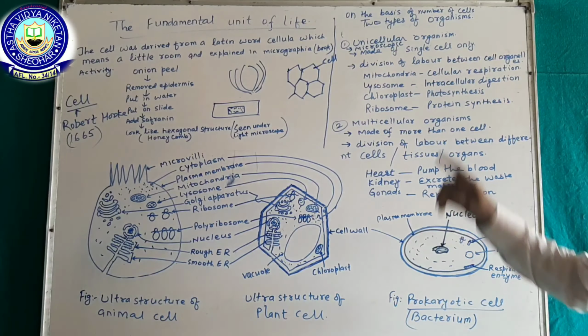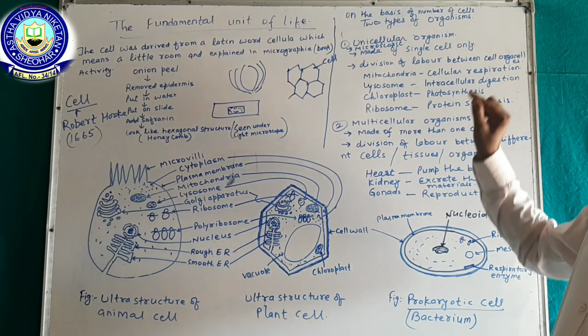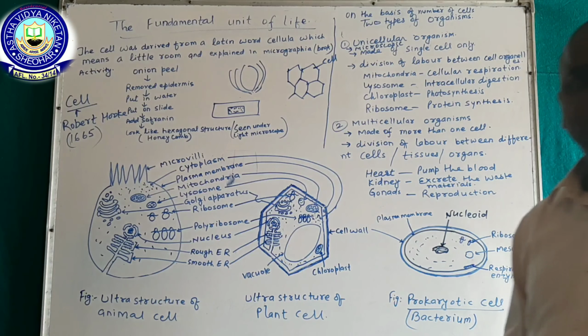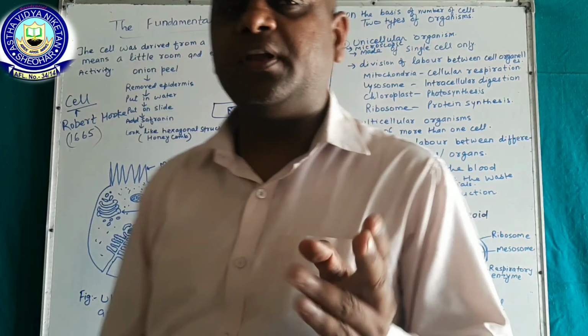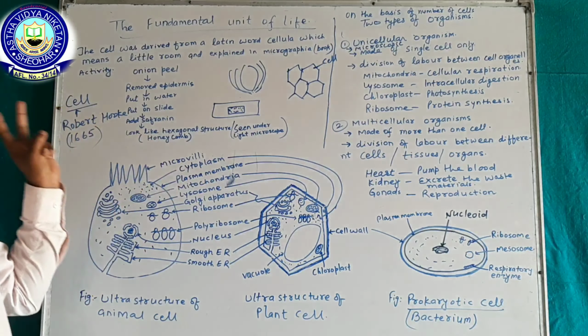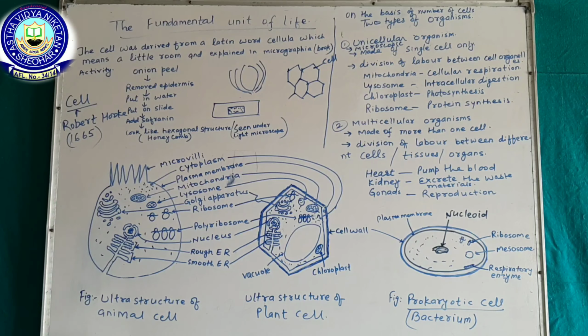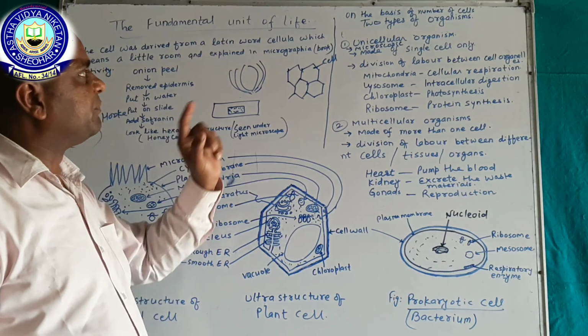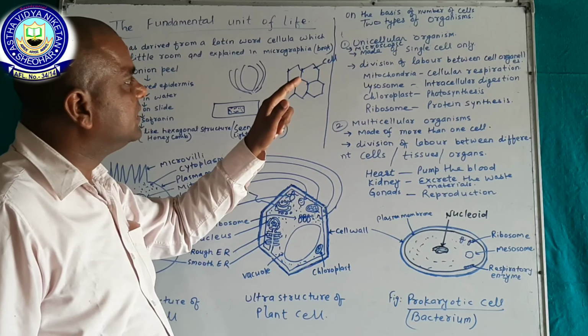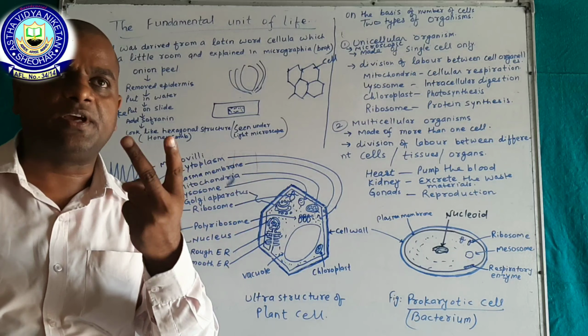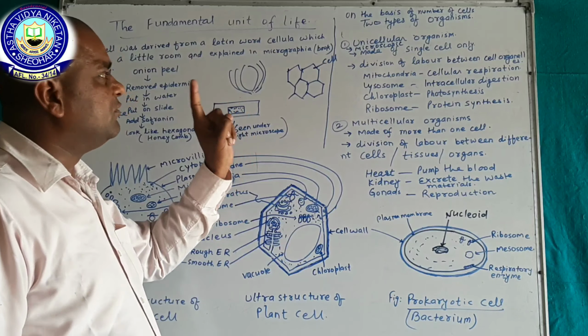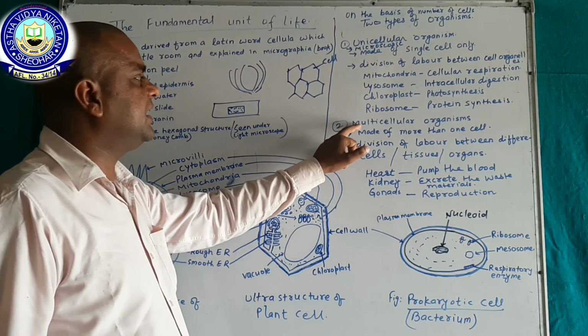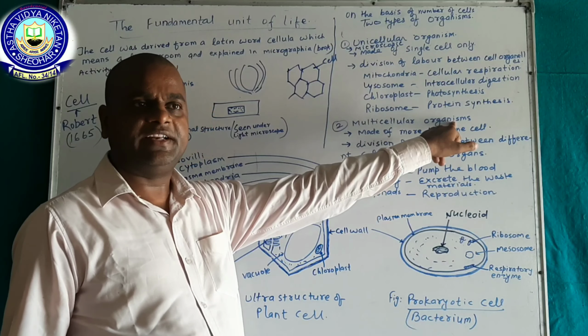Now, on the basis of the number of cells, organisms are put into two categories: first, unicellular organisms, and second, multicellular organisms.